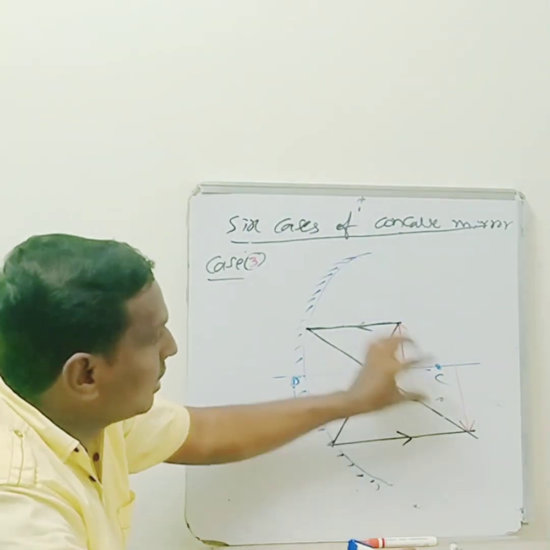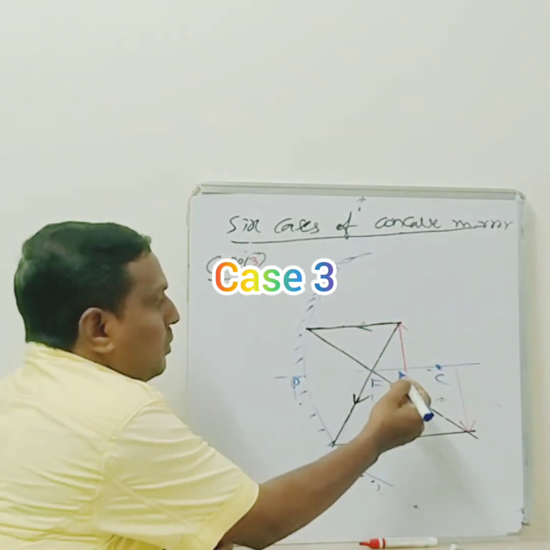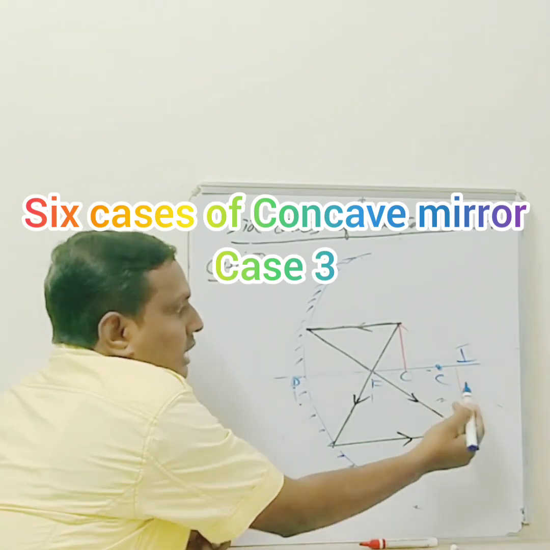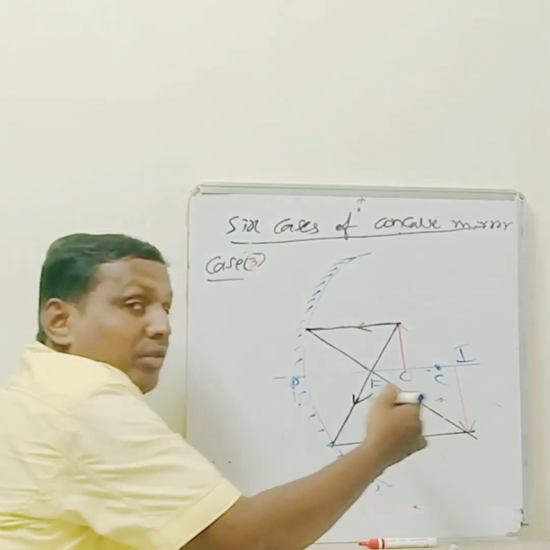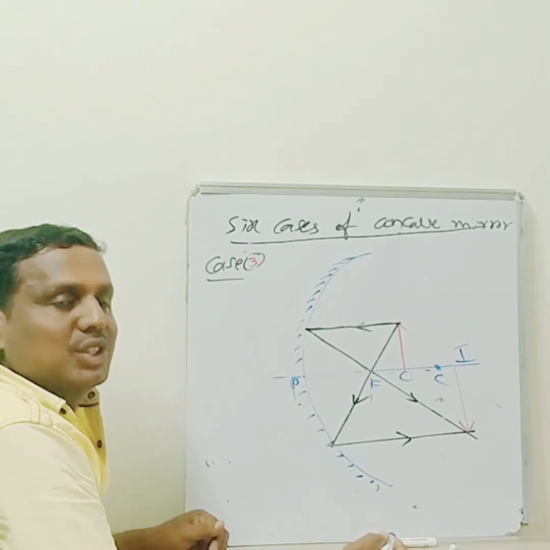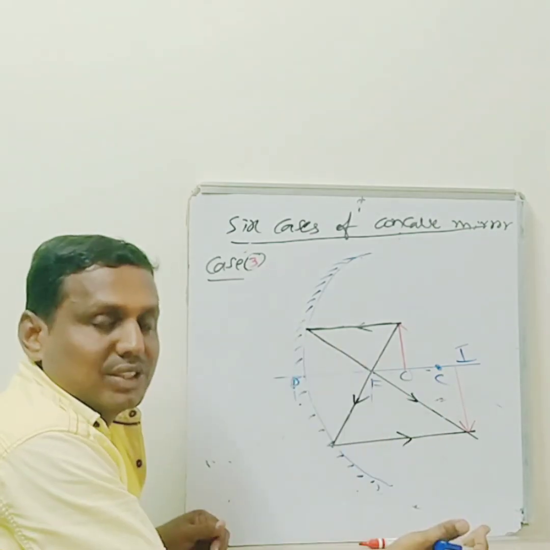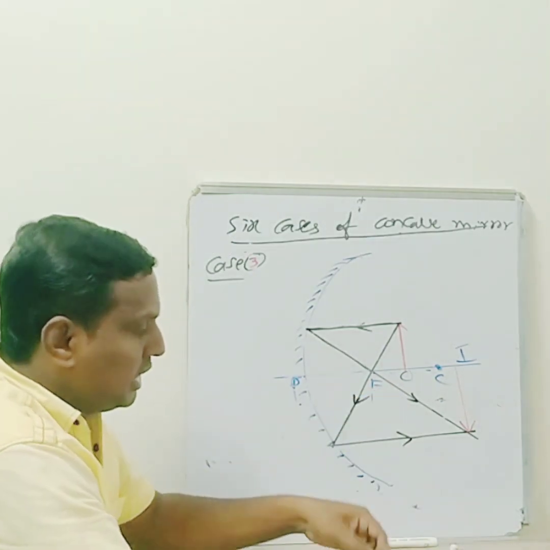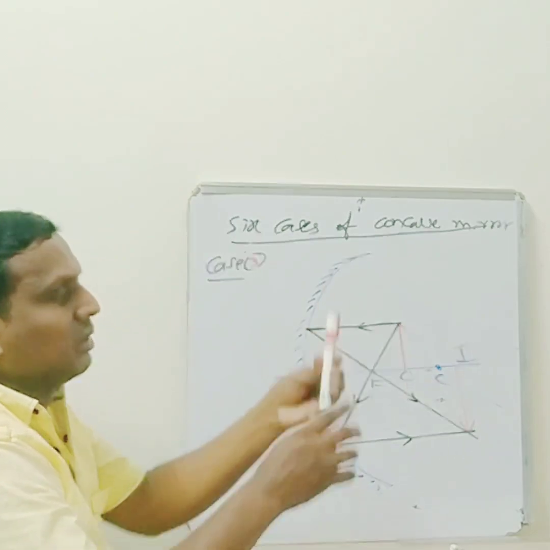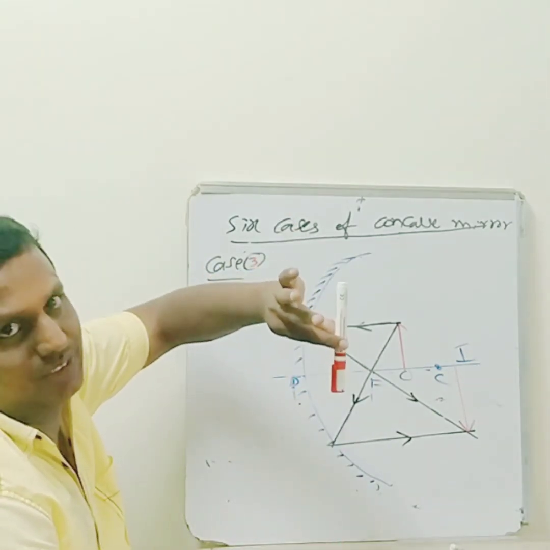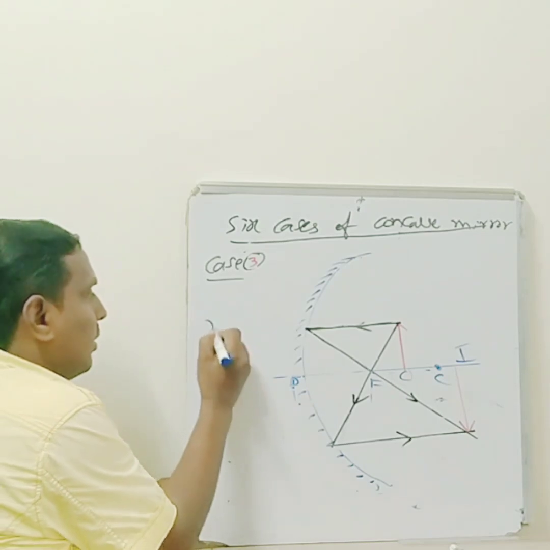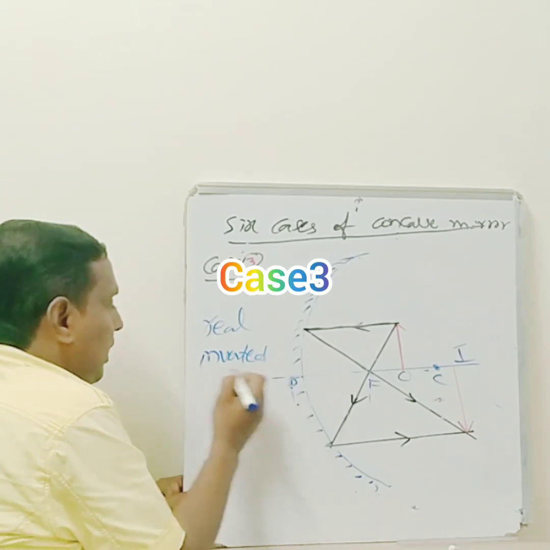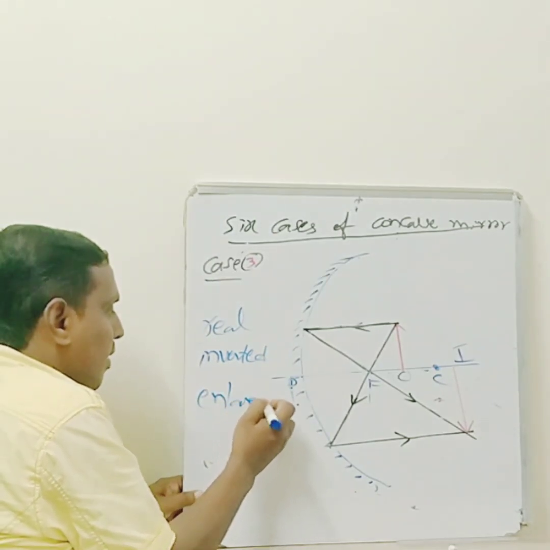How is the image here? See the size: this is the object, this is the image. The image is larger, so we can say enlarged. And we can get it on the screen, so it is real. See, this is the object and this is the image, so it is inverted. So the image is real, inverted, and enlarged.